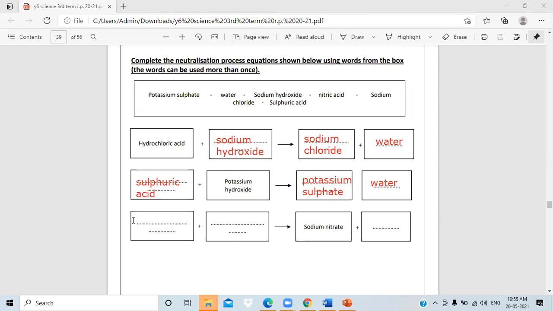Khulud, are you there? Yes. Okay, dear. Can you tell me what will be the acid and the alkali that will react with each other to produce sodium nitrate? Nitric acid. Nitric acid, excellent, because it's nitrate. So of course, nitric acid. And what will be the alkali? You have only one alkali.